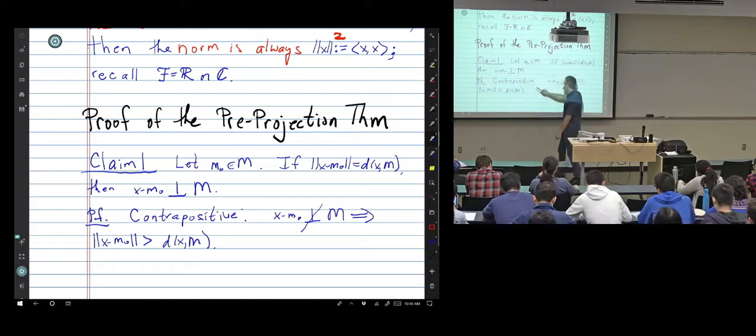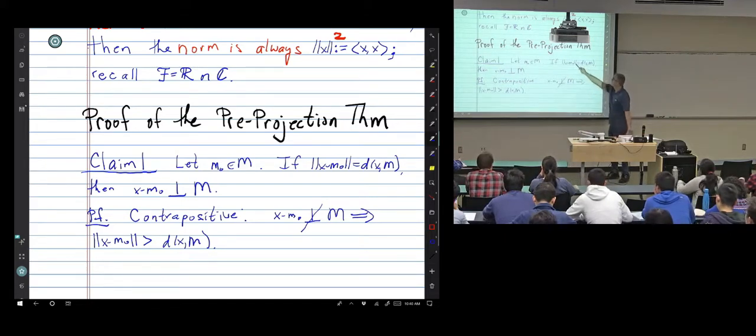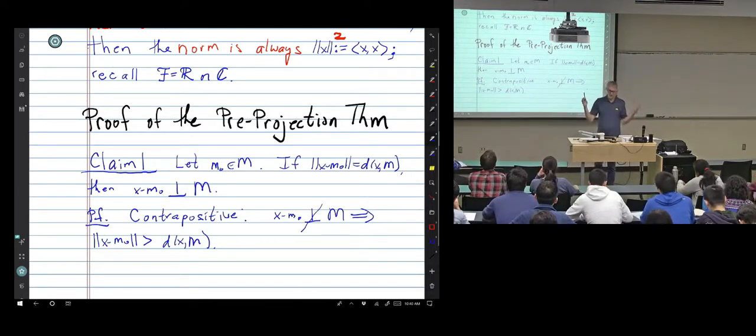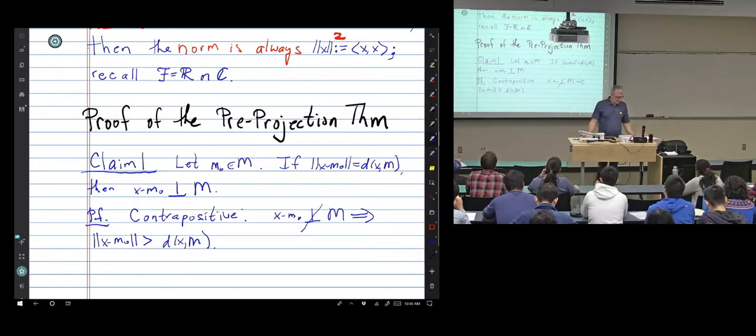Not orthogonal, that negates Q. And then not equal to the distance means it has to be bigger. It can never be less than the distance, right? So you can say the negation is it's not equal, but there's only one way the equality sign can be violated.